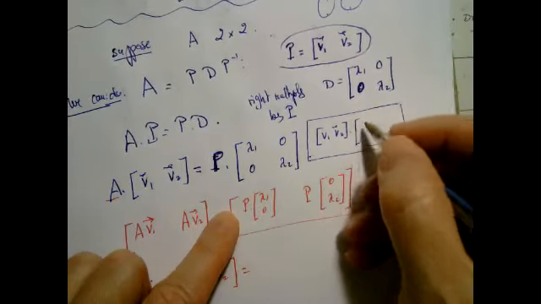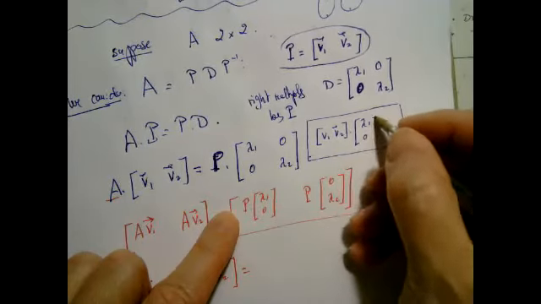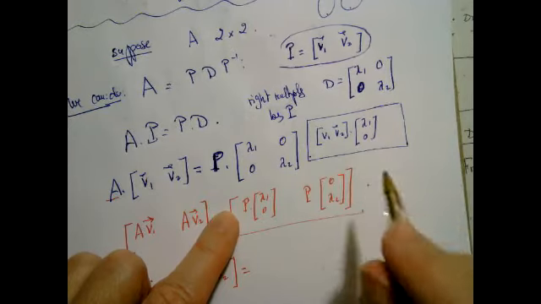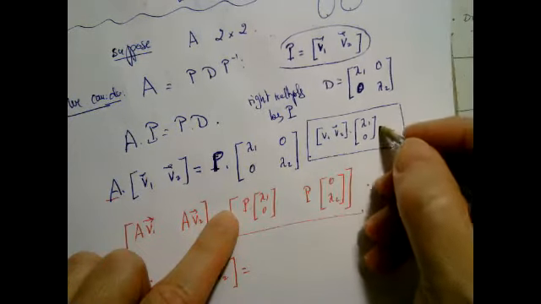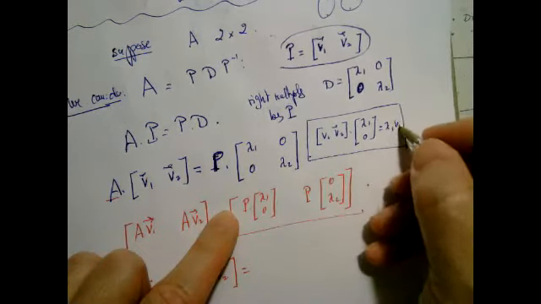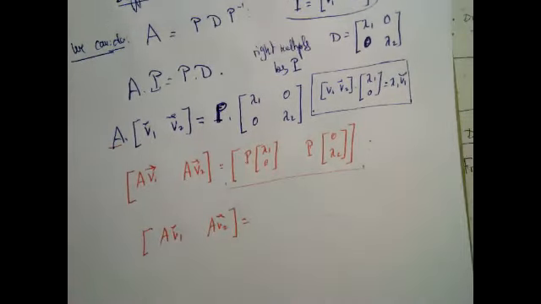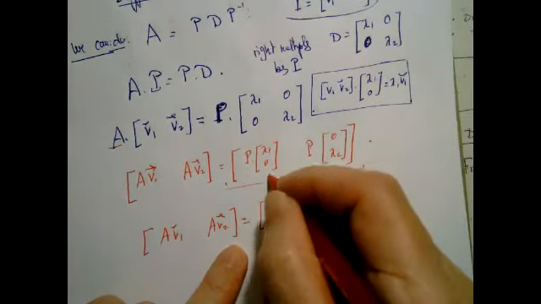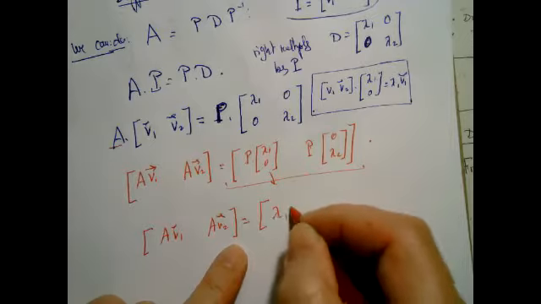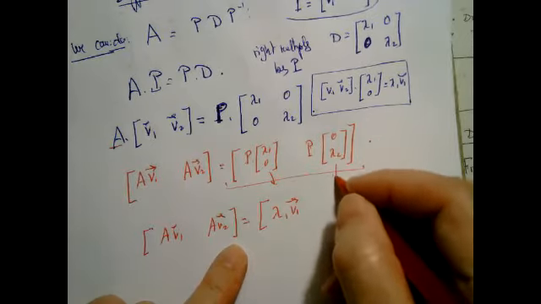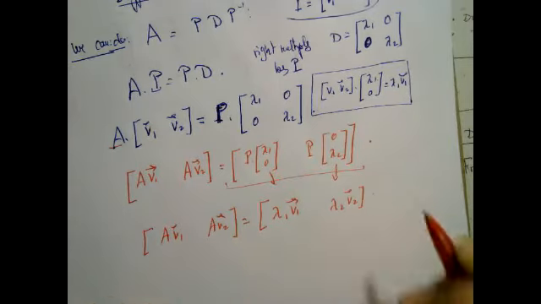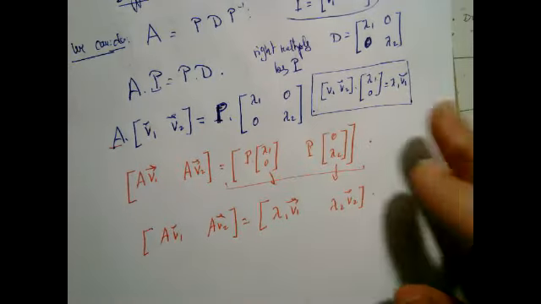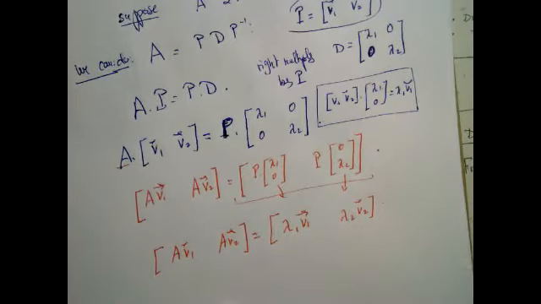If I multiply it by lambda 1, 0, and we use the definition that a matrix times a vector is a linear combination of the columns, this piece here will be lambda 1 V1, and this piece here will be lambda 2 V2. I know it's a little bit hard for you, but that's so we can understand the concept.